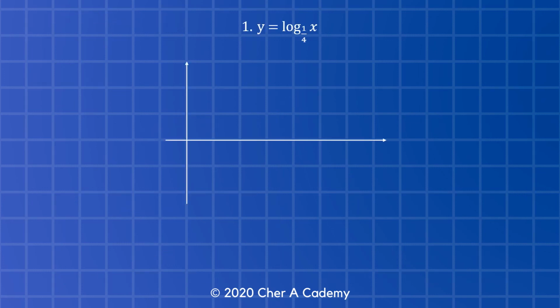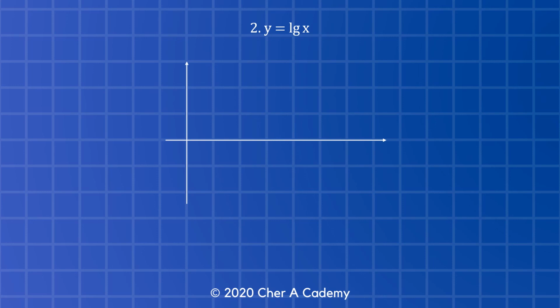My question here: y equals log base 1/4 of x. So this 1/4 will make my base between 0 and 1. That means my graph will look like the slide going down. I will start from the top, almost like a straight line, and it cuts the x-axis at 1. Question 2: y equals common log x.